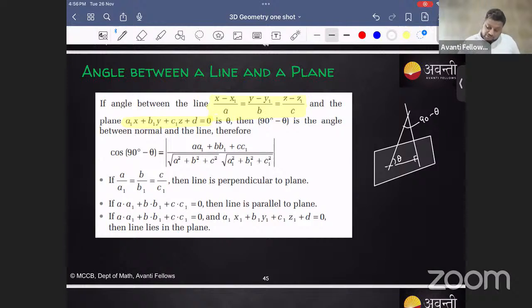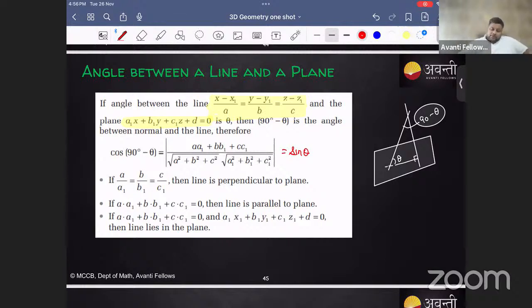So we will use this 90 minus theta to get the angle between line and the normal of the plane. So cos of 90 minus theta will be AA1 plus BB1 plus CC1 upon this. Now from this you get sin theta, and we get theta from this. Either a standard angle it can be or it can be sine inverse of something.